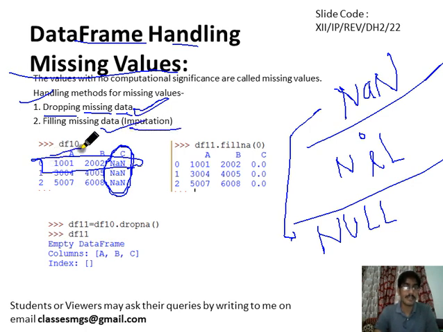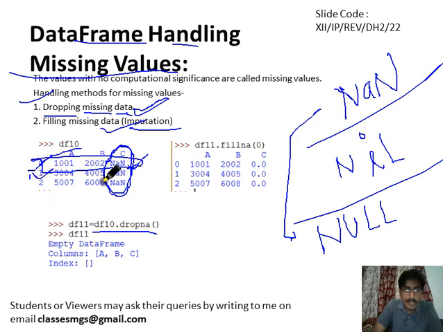Like df10 is a given example. A, B, C are the columns, 0, 1, 2 are the rows, and these are some values, and the C column has the NaN values. If you want to delete all the NaN values from this data frame, the dropna method will delete all the rows that contain the NaN value. The first row contains NaN, it will delete it.